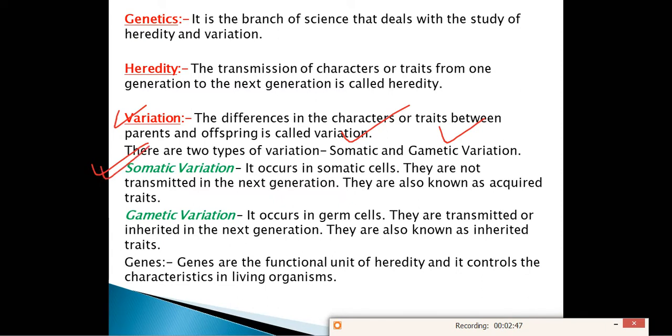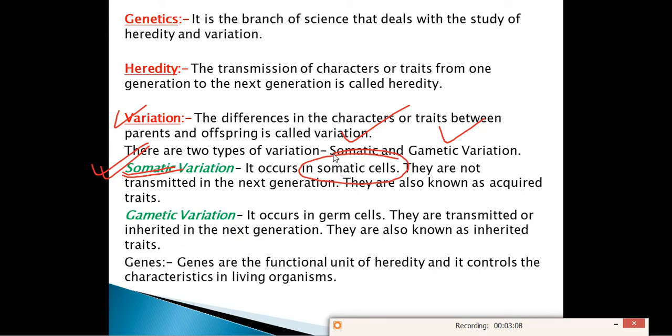Now, what is somatic variation? It occurs in somatic cells, right? The word somatic is given over there, so it occurs in somatic cells. They are not transmitted to the next generation. They are also known as acquired traits. When I explained this complete chapter earlier, I told you there are two types of traits: acquired traits and inherited traits.